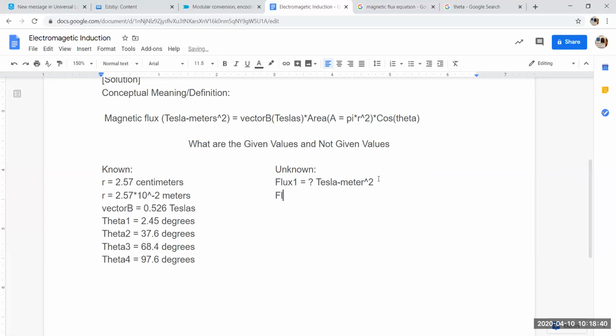We have flux 2, which will be equivalent to some number, and it's also a Tesla meter squared.